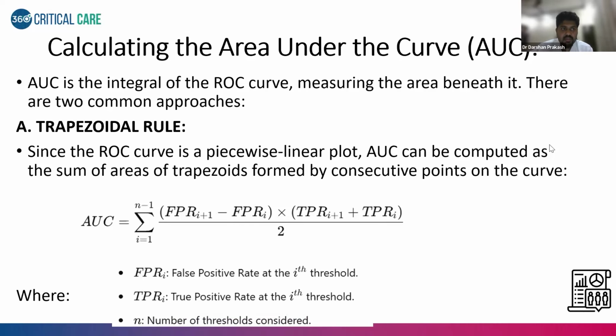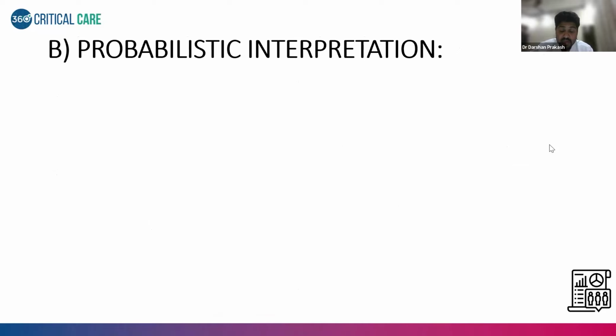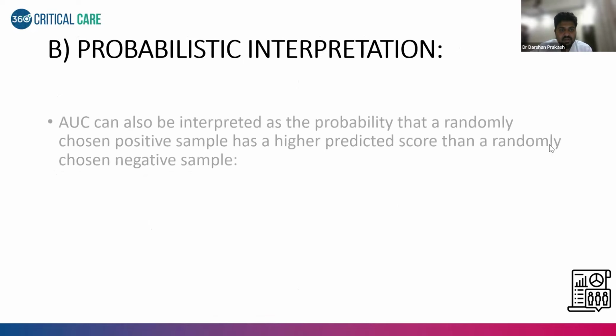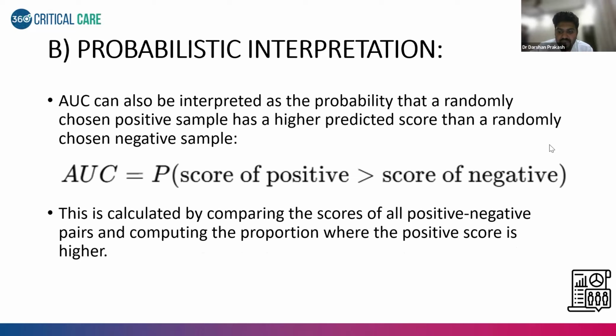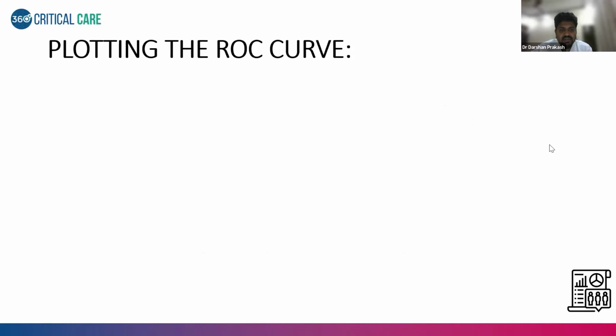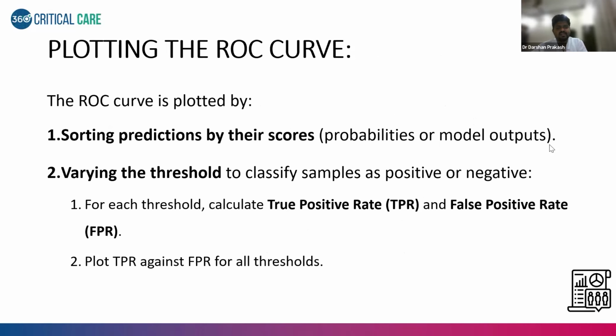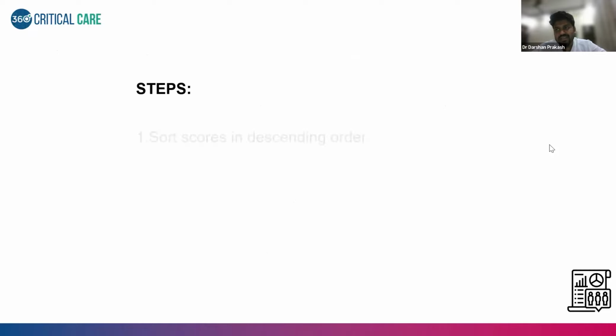Another test which can be used for calculating the area under the curve is the probabilistic interpretation. It also uses a formula, and based on this it gives us a value. So all these values, either by the earlier method or the probabilistic interpretation, give you a score between 0 and 1 for the ROC curve.